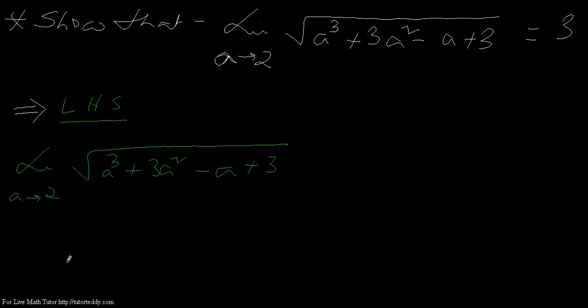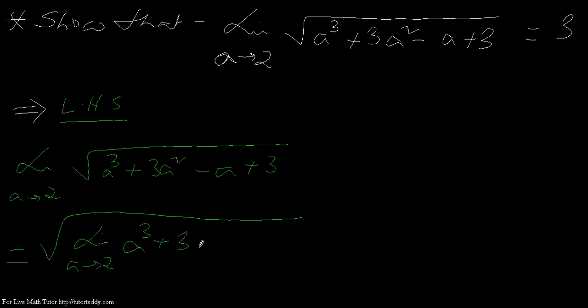This equals, I can take this limit inside the square root. That means I can write the square root of the limit a tends to 2 of a cube plus 3a square minus a plus 3, and obviously this is inside one bracket.